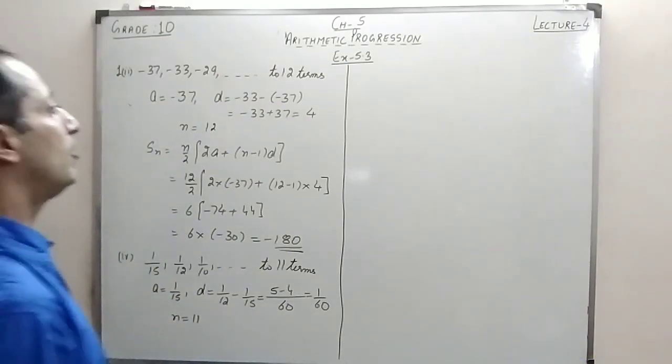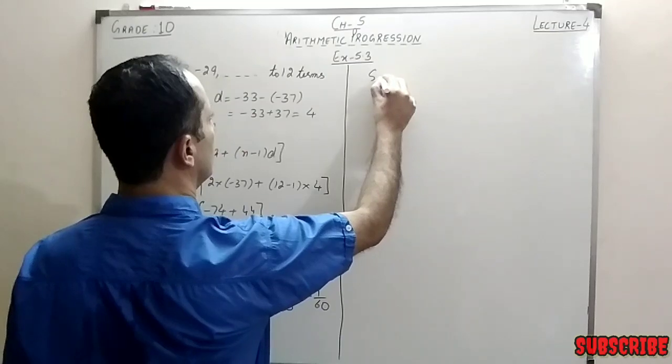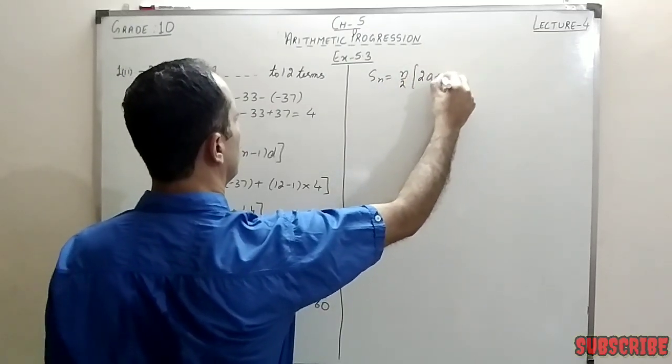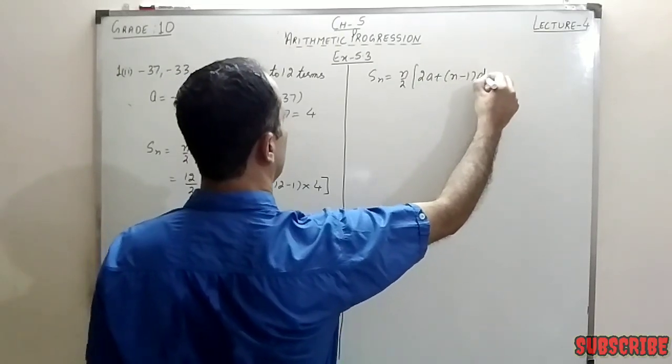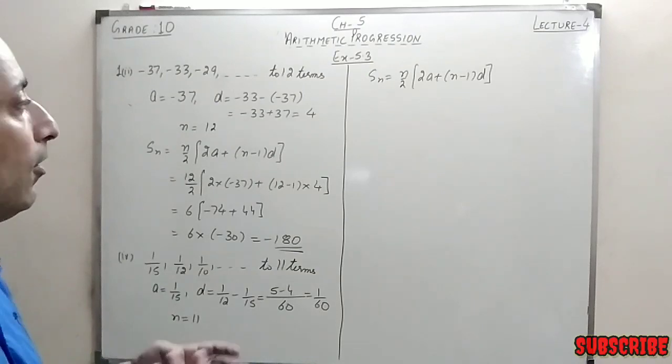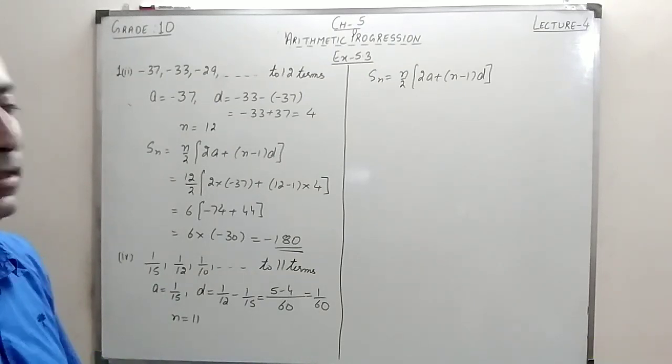Now again I apply the formula to find the sum. Sn equals n by 2 into 2a plus n minus 1 into d. And the next step would be to put the values of all these things and find the sum.